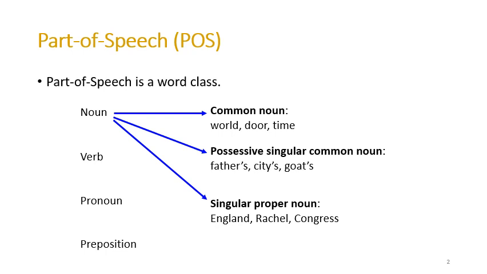A proper noun, on the other hand, is something that has a name for itself, like England is a proper noun, Rachel is a proper noun, Congress is a proper noun. So a proper noun is an object with a specific name attached to it, like England is England. But for a common noun, a country can be any country in the world.